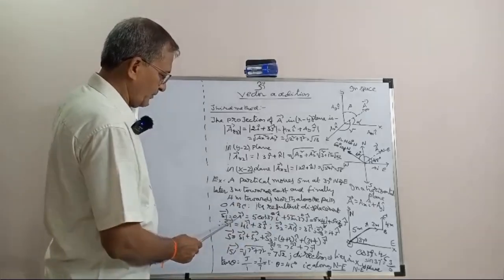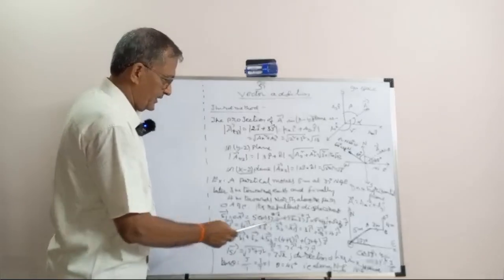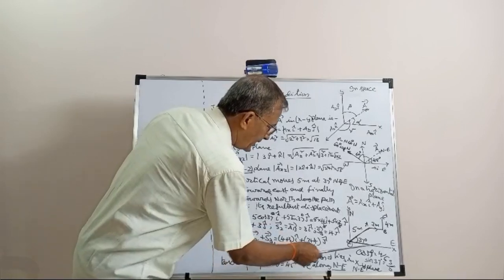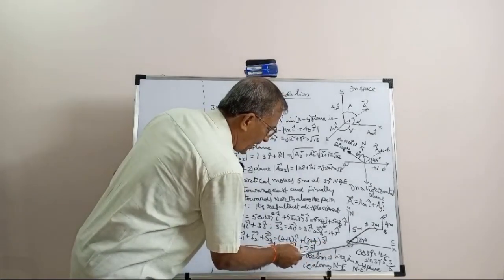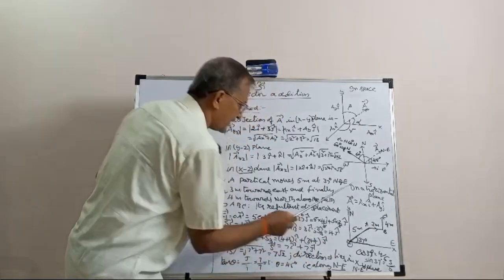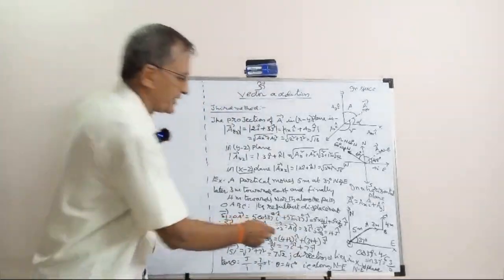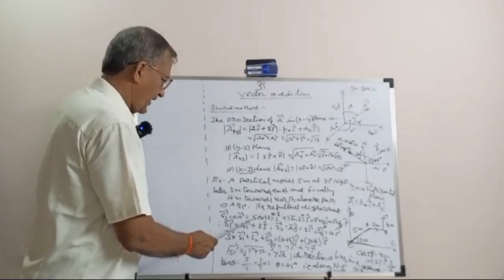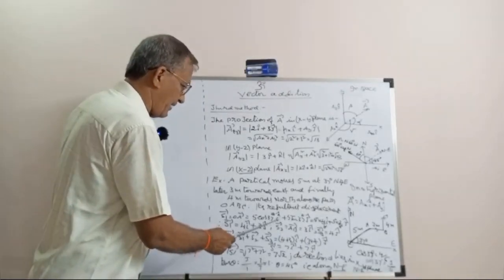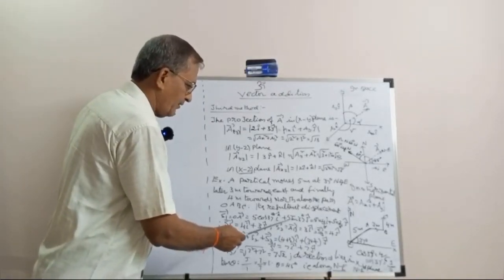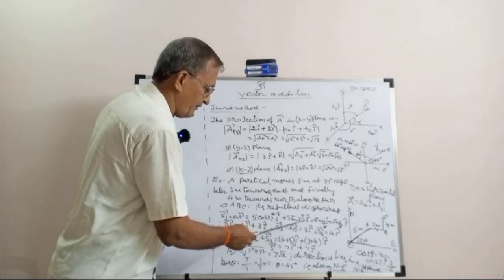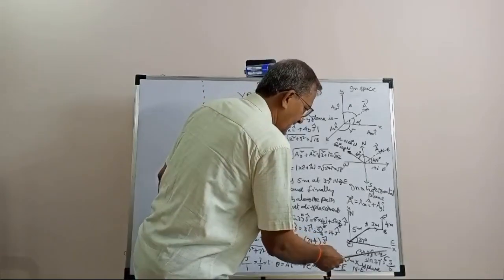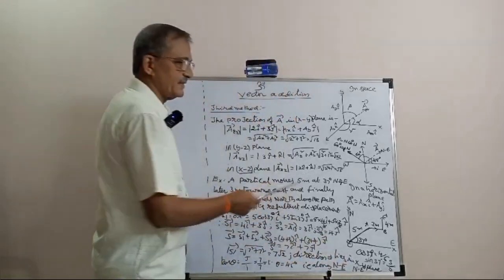What is S1 bar is along OA, which is consisting of 2 components. With the east, it has a component cos, and with the north, it has a component sine. These are called rectangular components of S1 bar. That's why we take 5 cos 37 i cap plus 5 sin 37 degree j cap. That means we are taking east as x-axis, north as y-axis.